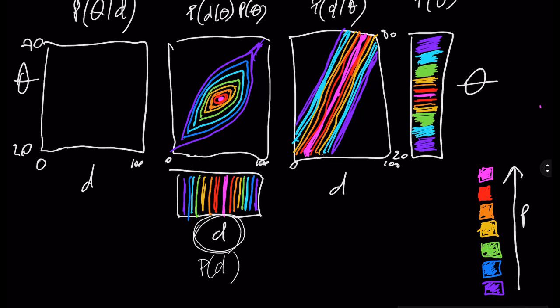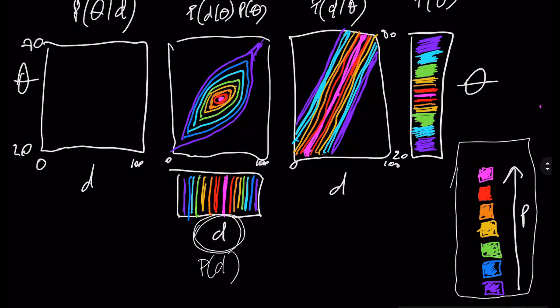So pink would be the highest probability, then red, then orange, then yellow, then green, then blue, then violet. And you can see that in the prior distribution, that's the distribution we chose, and so that's why the color is there. You can see that the axis goes from 20 to 80, and in the middle, which is 50, that's the highest probability. And when you go away from the middle, you have lower probabilities.